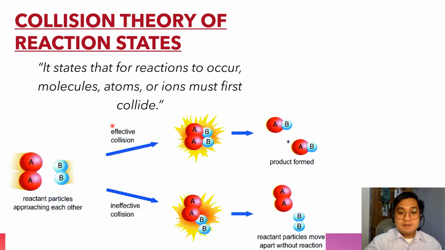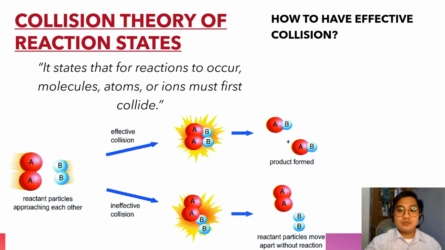An effective collision is a successful collision between the two reactants, and then finally, it will form a product. And for the ineffective collision, it showcases an unsuccessful collision, wherein the two reactants don't have any successful collision with each other. That's why the reactant particles move apart without reaction.